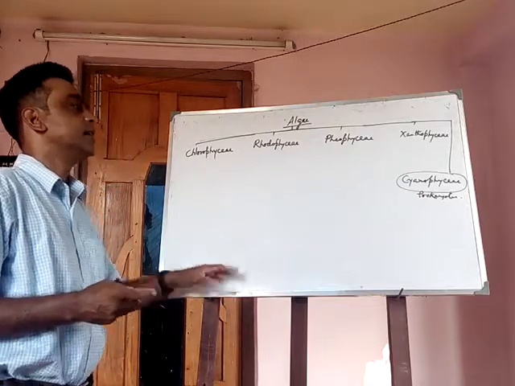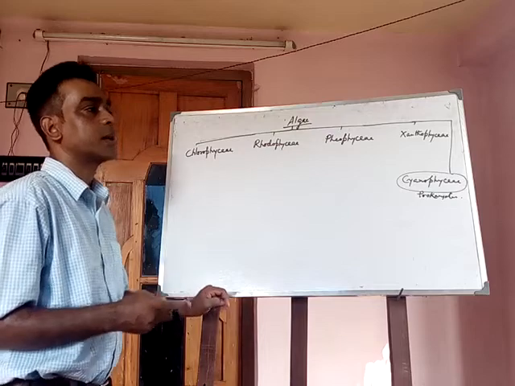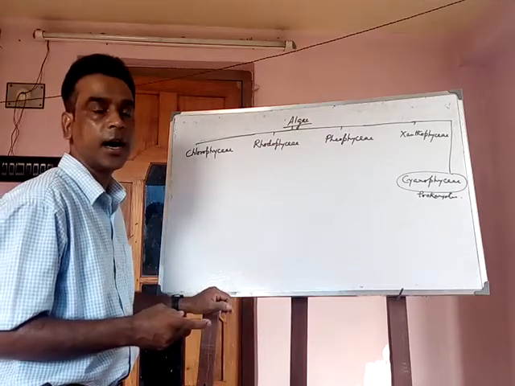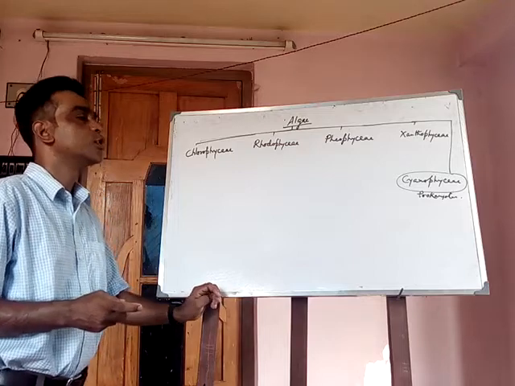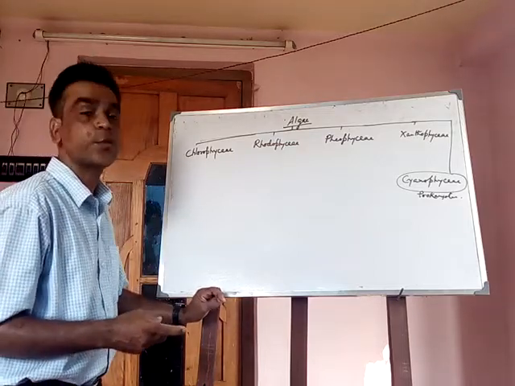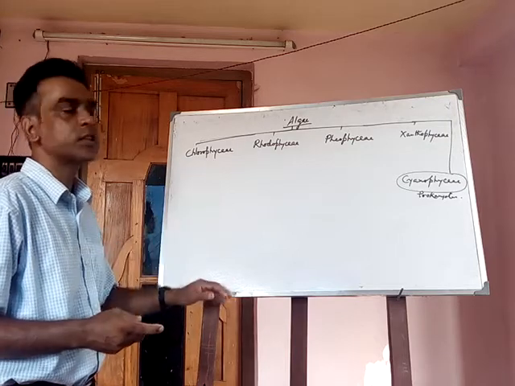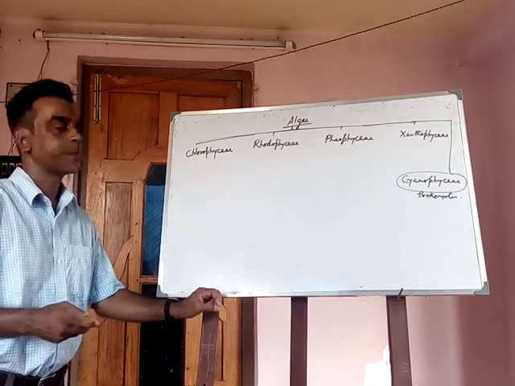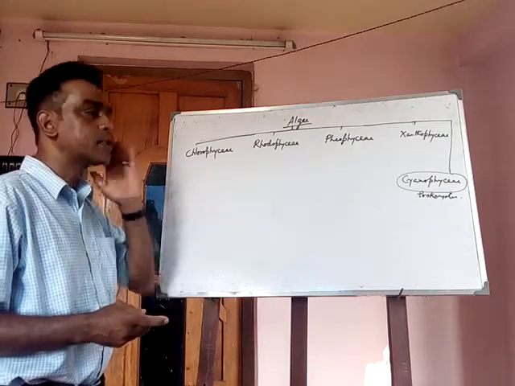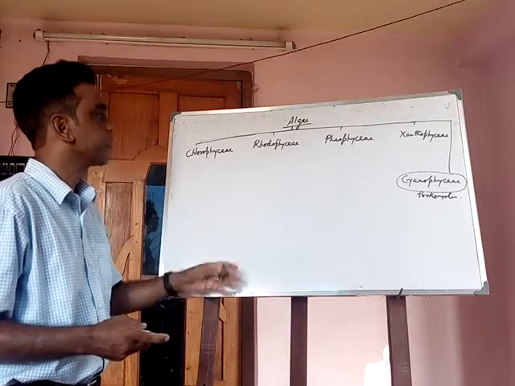And the features, economic importance and storage food I can discuss here. Chlorophyceae is the green algae. It is important in space research, that is Chlorella, and it produces more and more oxygen, and the storage food is always starch or pyrenoids.